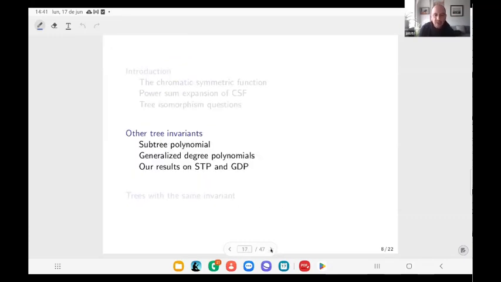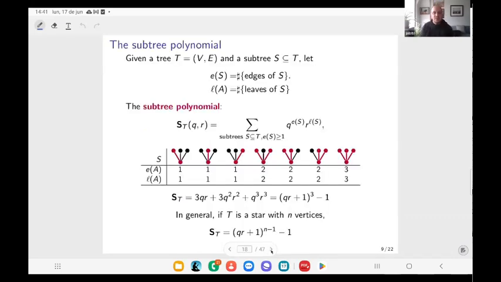Okay, and so I'm going to talk about what we did like 6 months ago with Jeremy and Jennifer and Jose. First I will recall to you what the subtree polynomial is. The idea is that, given a tree, we're going to count how many subtrees with a certain number of edges and a certain number of leaves we have.